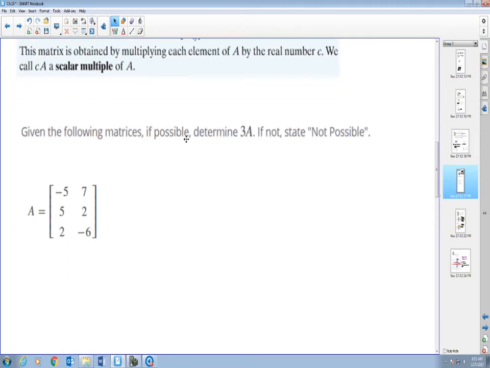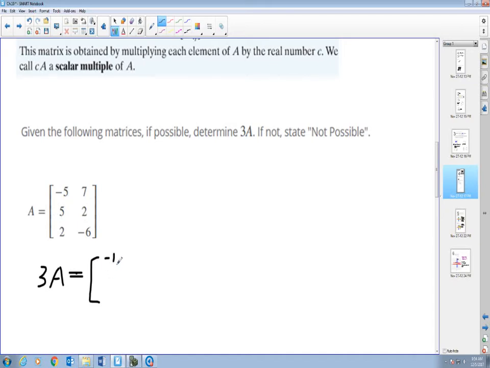So in this problem, for example, 3 times my matrix A, scalar multiplication, means I will multiply every one of my entries by 3.